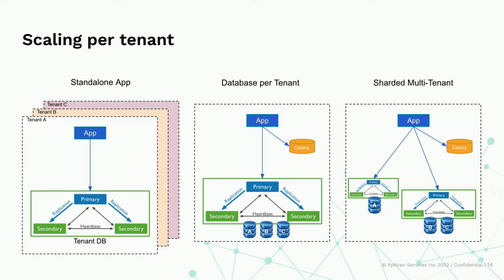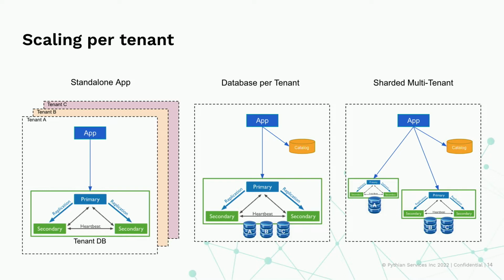One additional database that you may need is a catalog database where the metadata will be stored. So when you want to query the data for tenant B, then the metadata will be taken from the catalog, and you know where to route your queries.